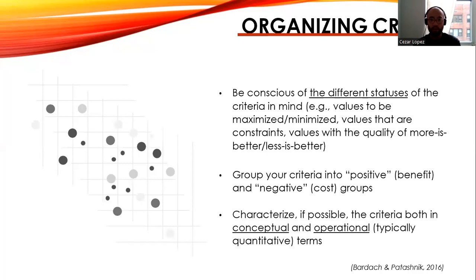For example, values to be maximized or minimized, values that are constraints, values with the quality of more is better, less is better. Group your criteria into positive, meaning benefits, or negative, that's cost groups. Characterize, if possible, the criteria in both conceptual and operational, typically quantitative terms.